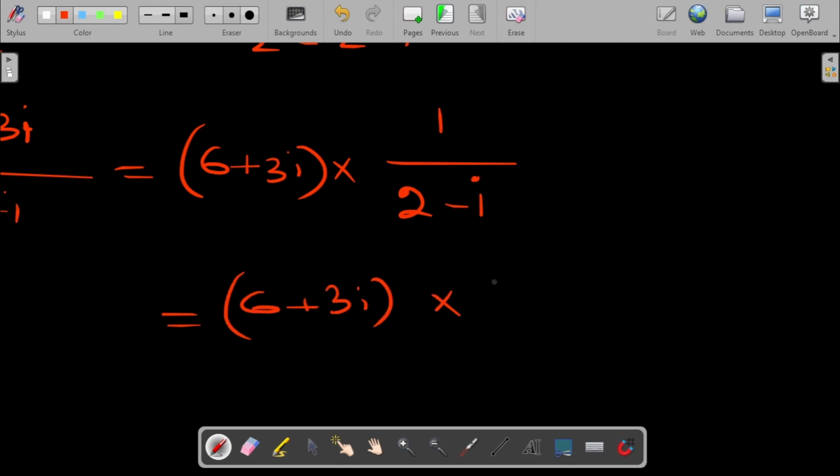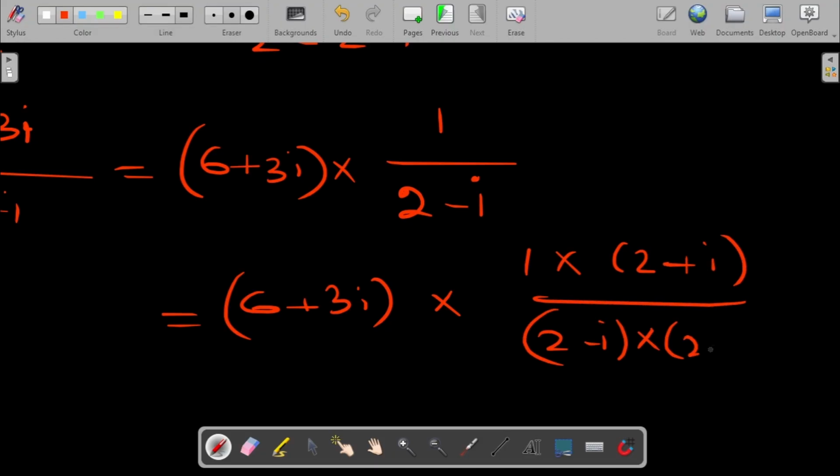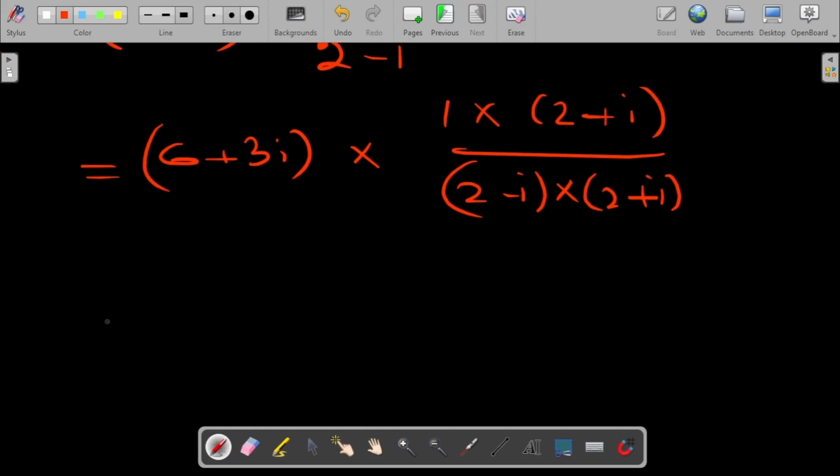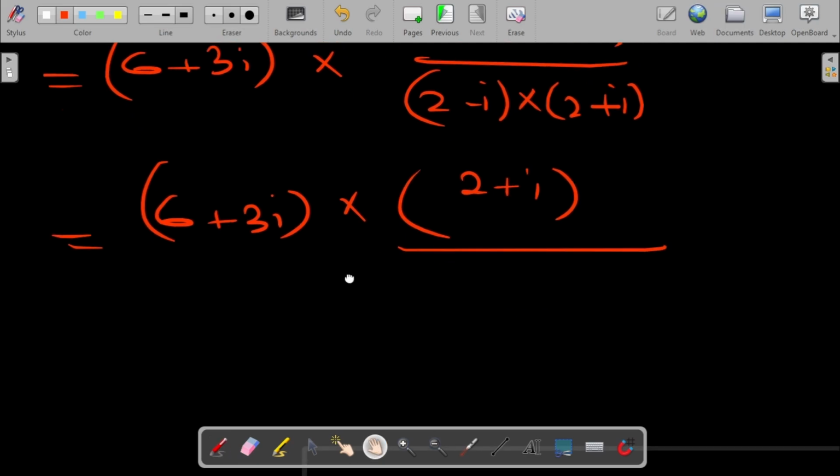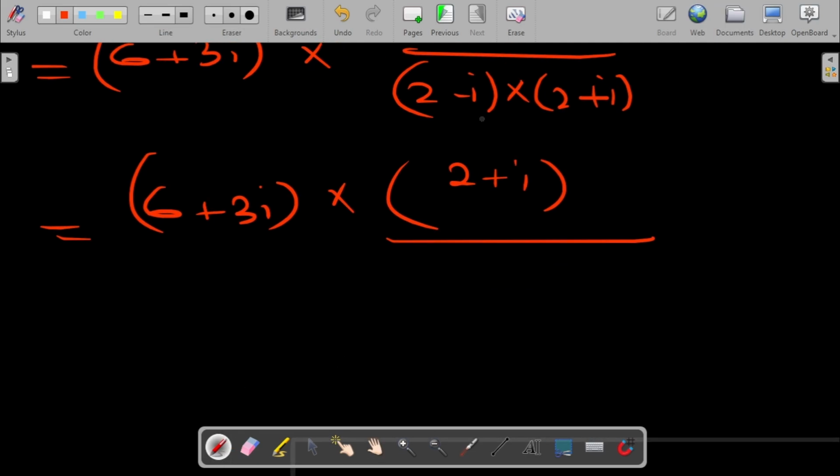And now if I multiply numerator and denominator with 2 plus i, what will I get? 1 multiplied with 2 plus i, and 2 minus i multiplied with 2 plus i. So this equals (6 plus 3i) multiplied with (2 plus i), divided by, now we know that (a minus b) and (a plus b) equals what? a square minus b square.